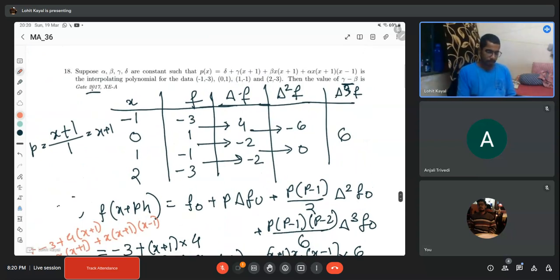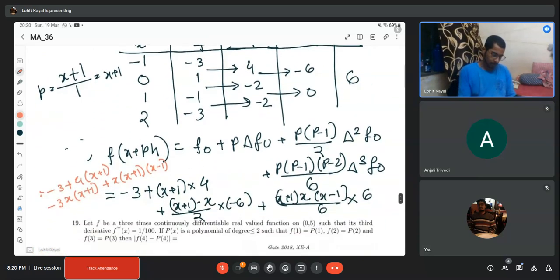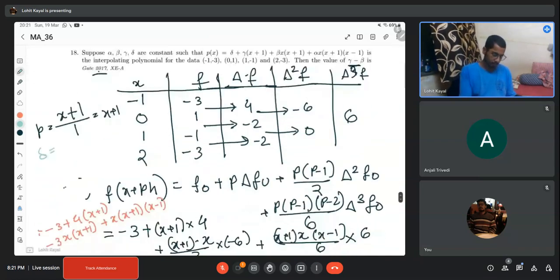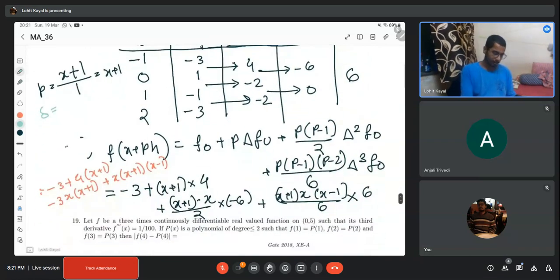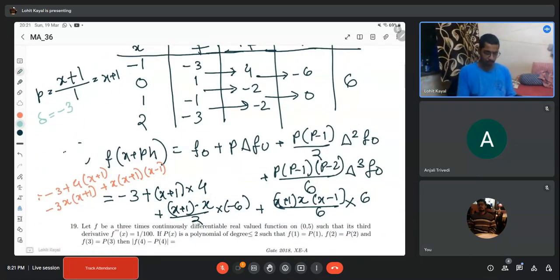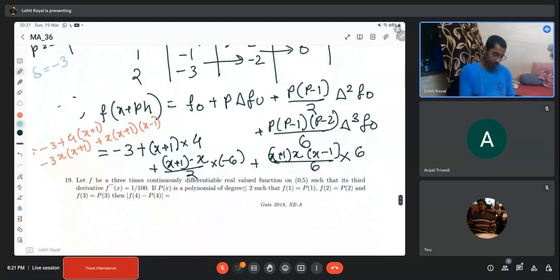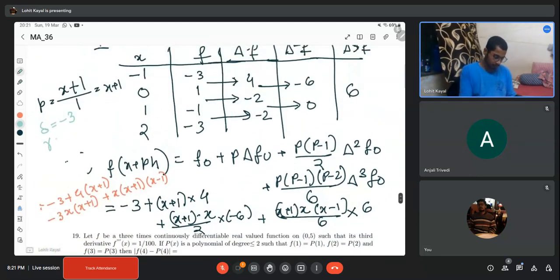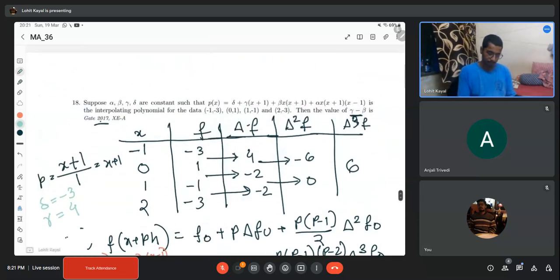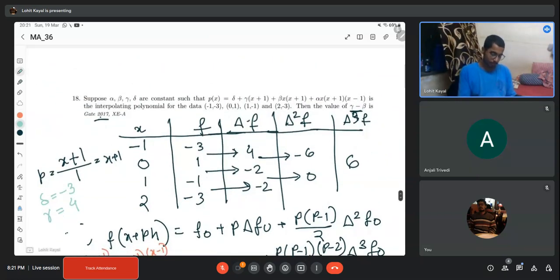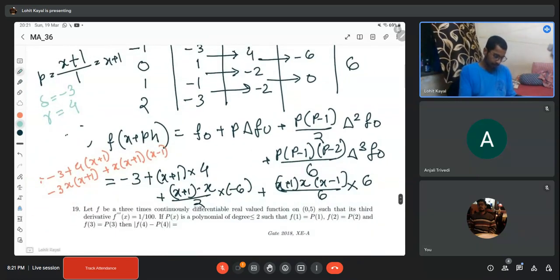Now compare with these values. The constant term is delta, and here the constant term is minus 3. So delta equals minus 3. Gamma into x plus 1, so gamma equals 4. Beta into x plus 1, so beta equals minus 3.